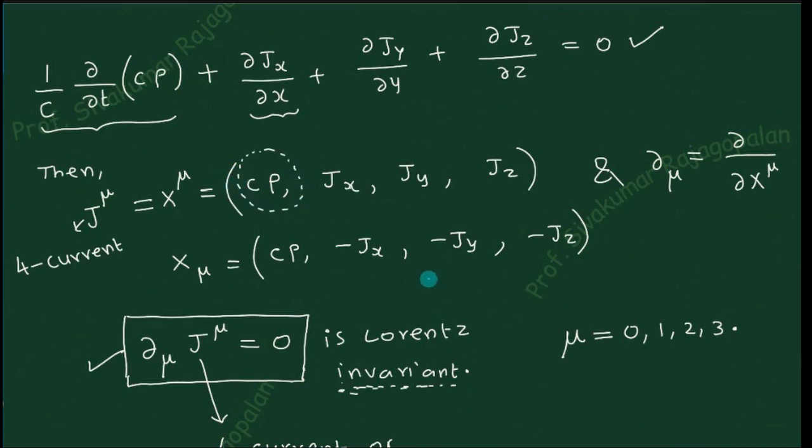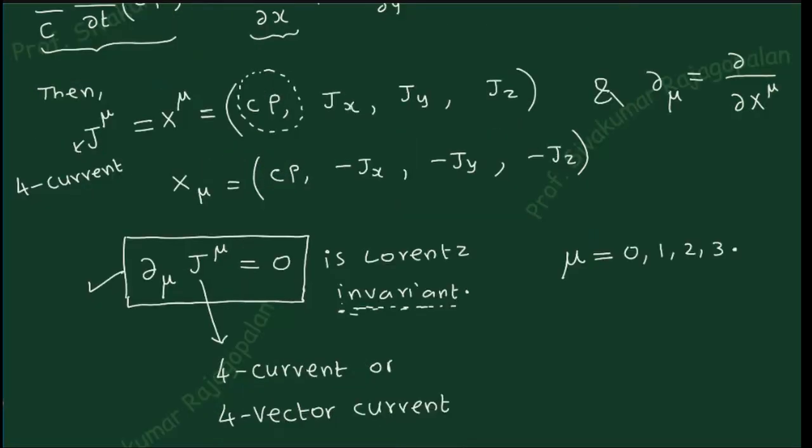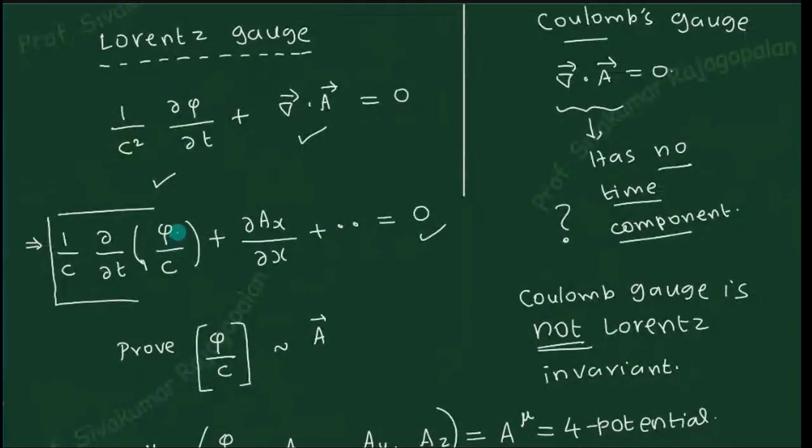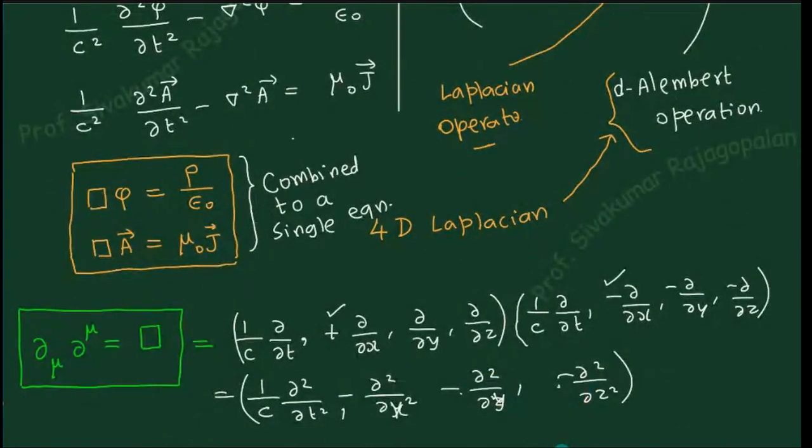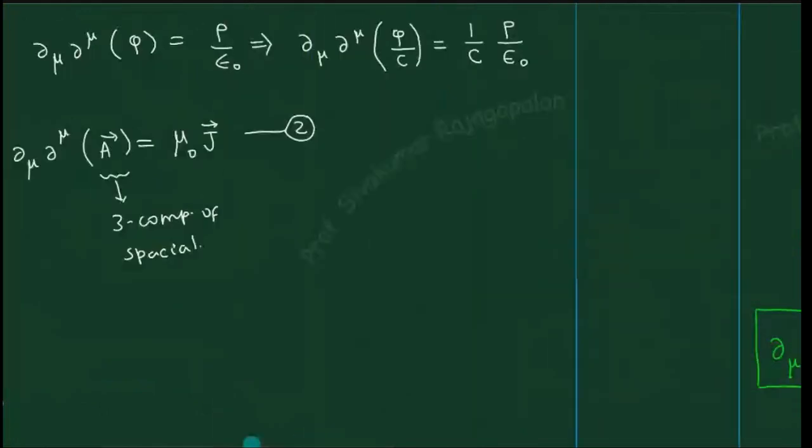Therefore, I need c into rho whenever we are talking about a 4 current or a 4 vector in general. So what are the things that you are looking for? c into rho is one thing that we are looking for, and then phi divided by c is another quantity we are looking for. And where are we looking for these quantities? In this current equation.